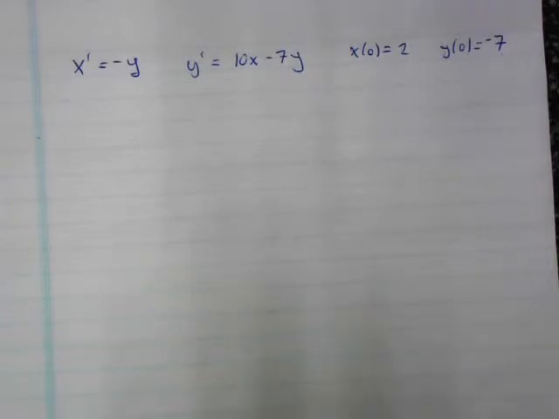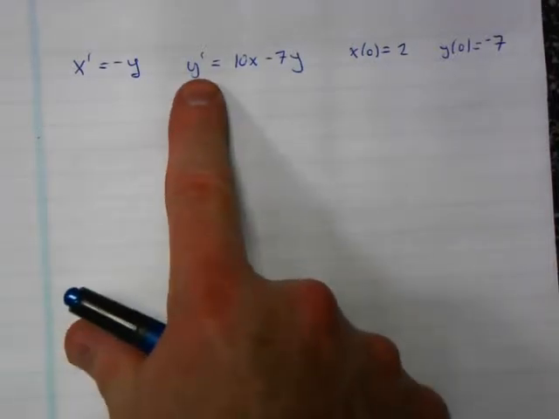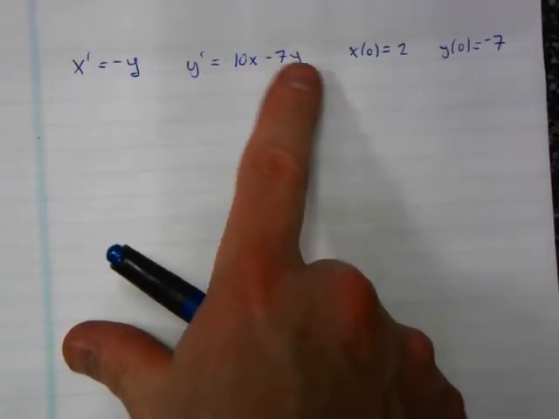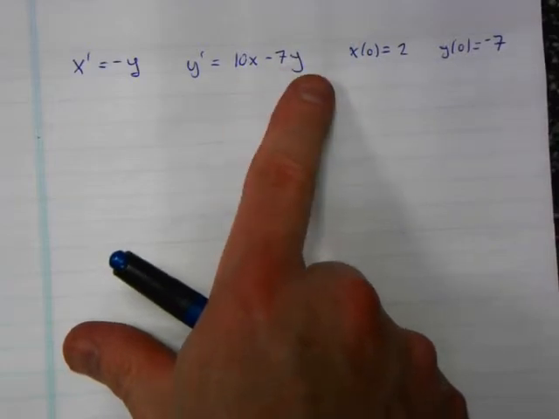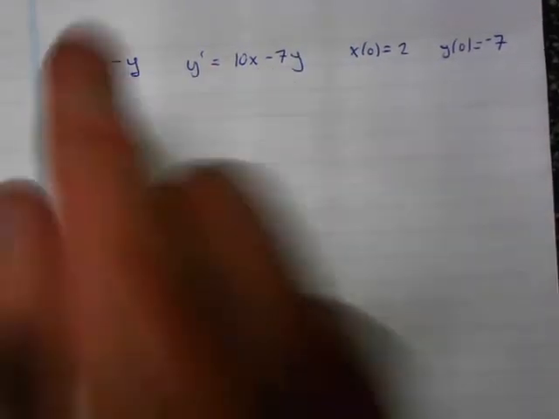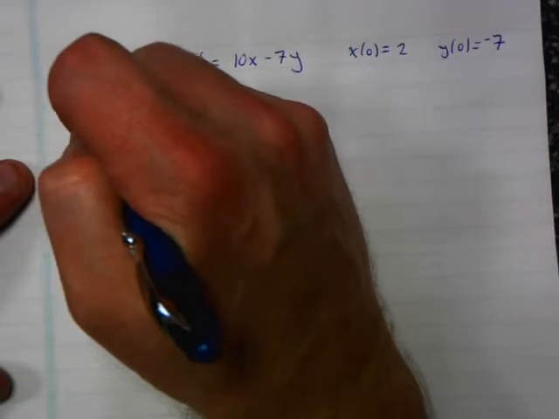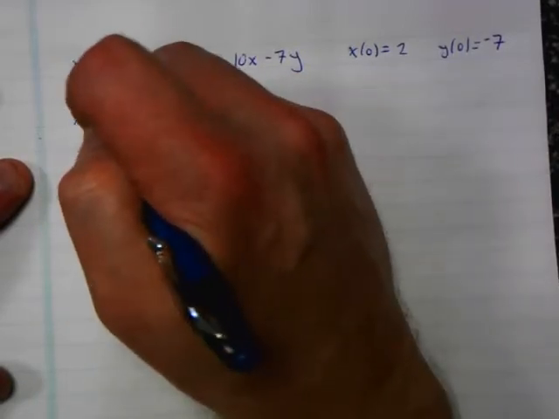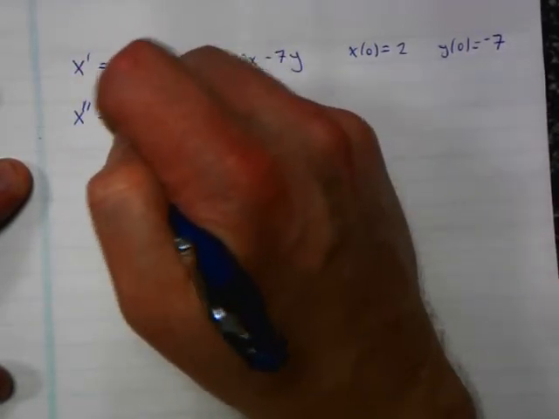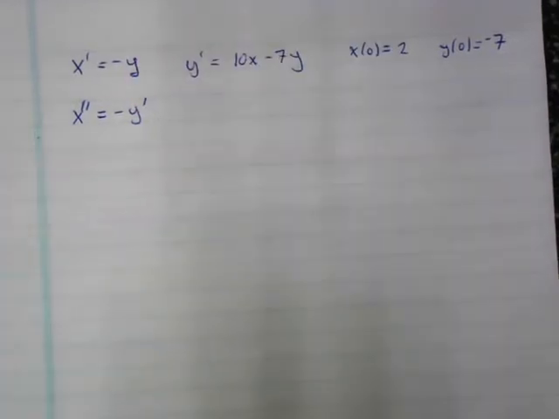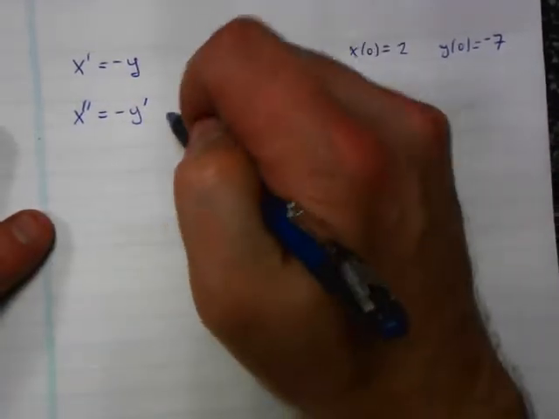All right, so how do I use the substitution method on this one? I can't really integrate this because it's got mixed variables over there. Take the derivative of the first one? Okay. So x double prime equals negative y prime. And substitute in.